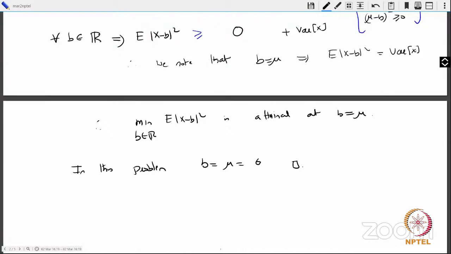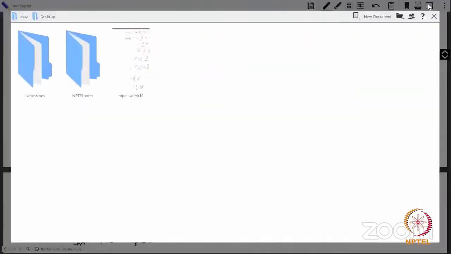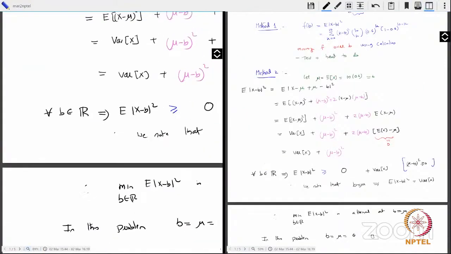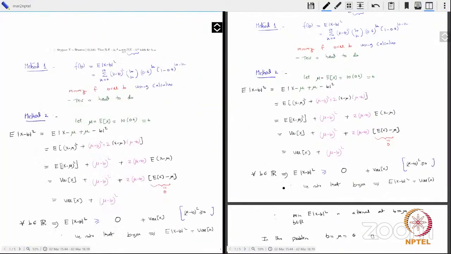But one thing I want to point out in this analogy is the following: this calculation that we did is independent of the distribution of X. That's important. This part only asked that the variance of X is finite and the mean of X is finite. That's all it asked.